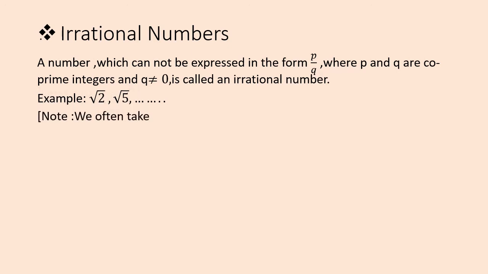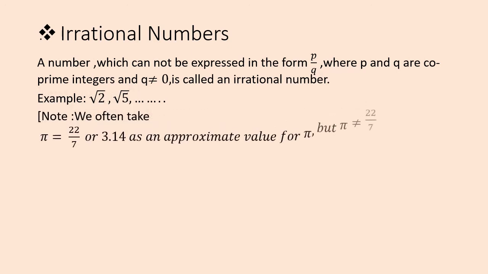Now, an important note: we are generally taking the value of pi as 22 upon 7 or 3.14. That is an approximate value for pi. But actually, pi is not equal to 22 upon 7.